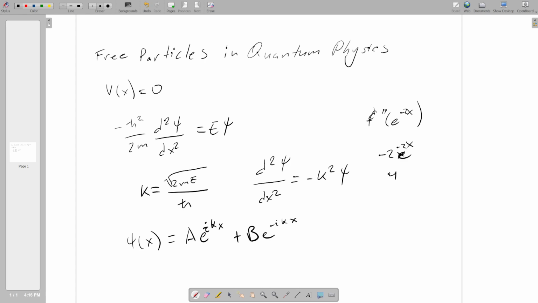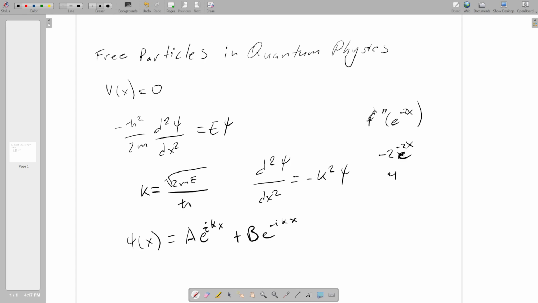You can also interpret this in sines and cosines, as we did in the previous example with the infinite square well, where the final equation was sine of n pi x over L or something like that. Since e to the i theta is cosine plus i sine, there's this interchangeability. We're going to be writing this in exponential form for a reason you'll see shortly.